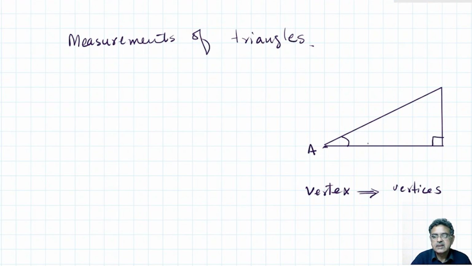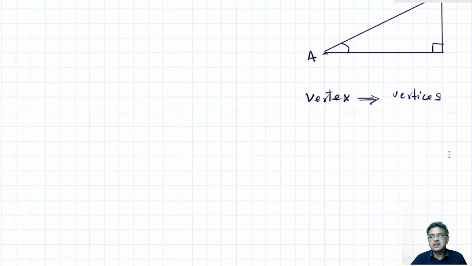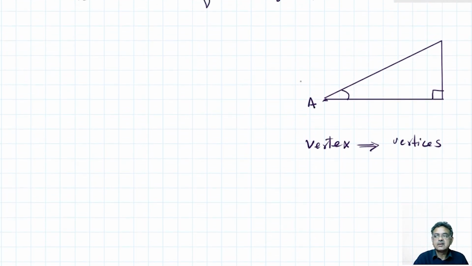So vertices of any geometrical figure, we represent by capital letters. So this is, you can say, A, let me write B on that side. So this B is here, and let's take C over here.